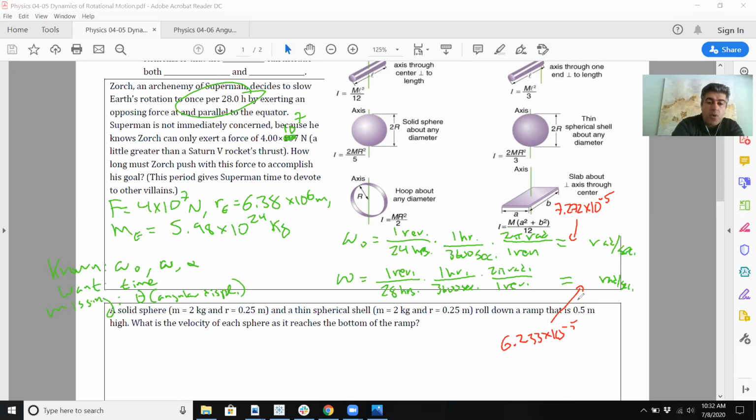And remember the kinematic formula we use here: if you know omega 0, omega, and alpha, you want time, but you don't care to have theta involved, it's going to be this. Omega equals omega 0 plus alpha t. That's what we're going to wind up using.